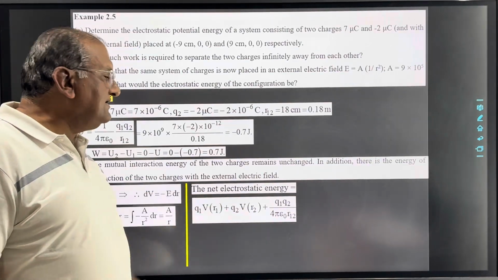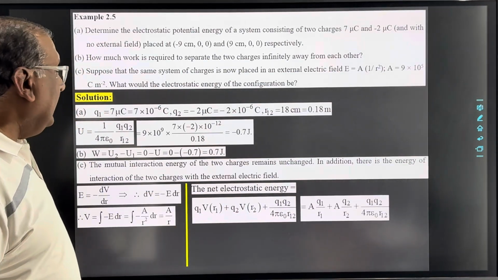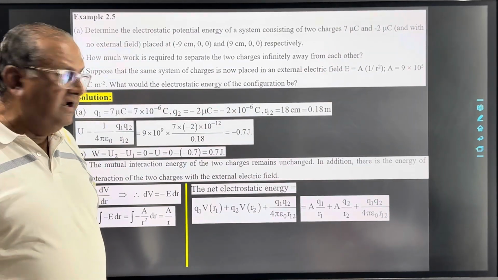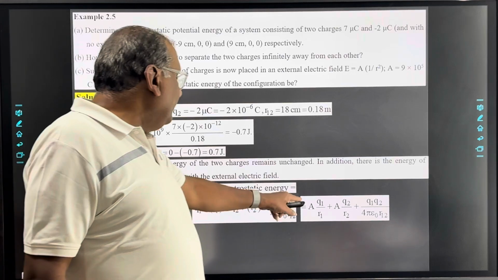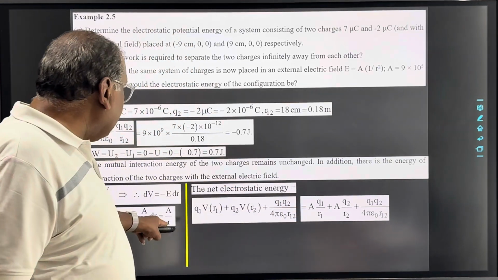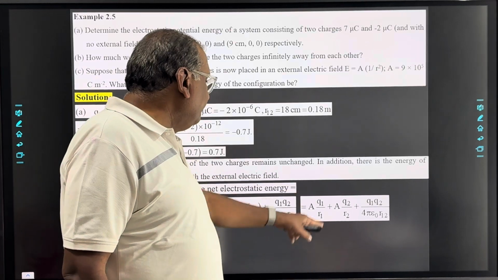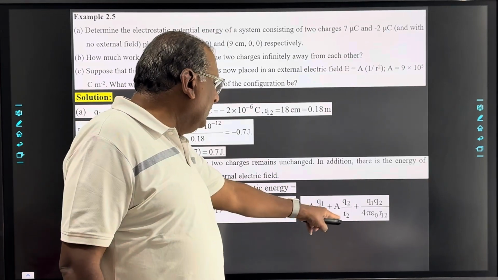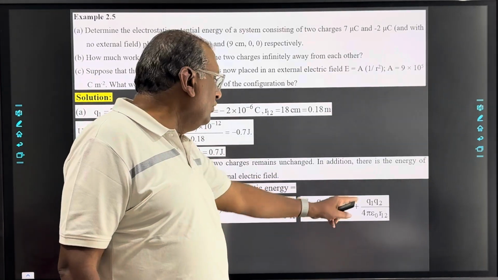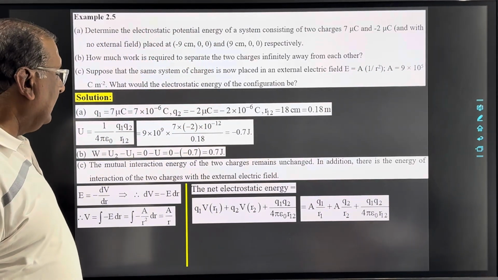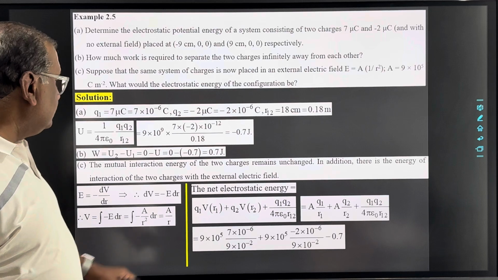Now both the charges are placed at 9 centimeter from the origin. So we can write A upon R1 for V at R1 into Q1. Then for V at R2, A upon R2 into Q2 plus Q1 Q2 upon 4 pi epsilon 0 R. Now substitute the values.